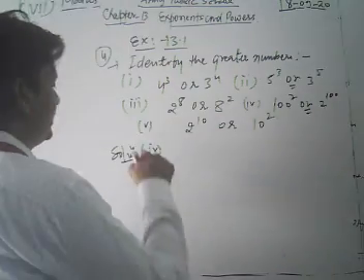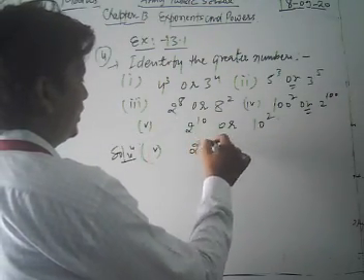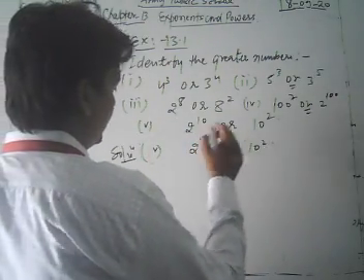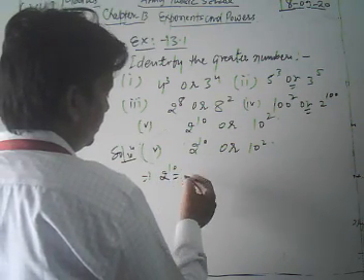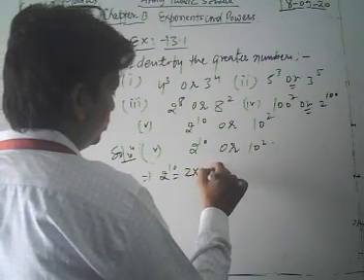Now we take the fifth part of this question, which is 2 to the power 10 or 10 square. Now look again, 2 to the power 10 is what? You know that very well.